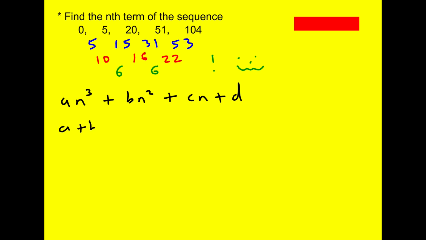a plus b plus c plus d. n is 2, 8a plus 4b plus 2c plus d. n is 3. I'm just realizing here I'm not writing this small enough.